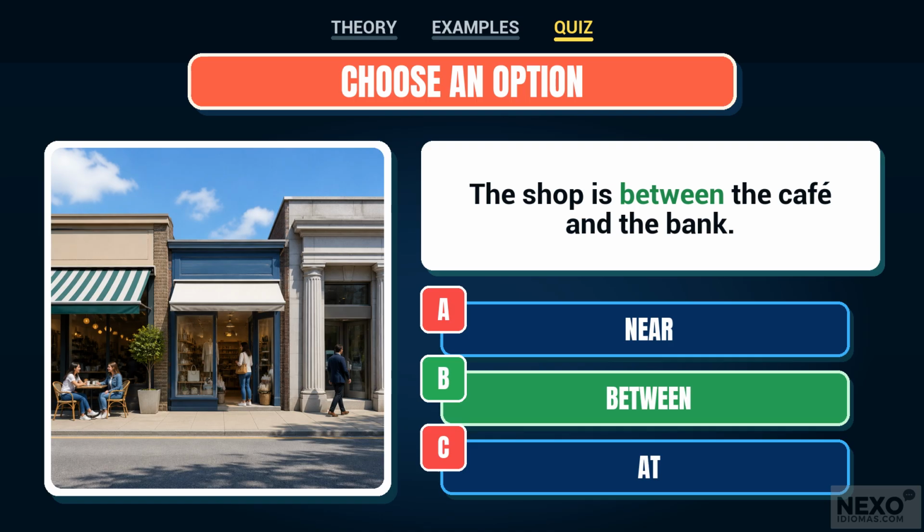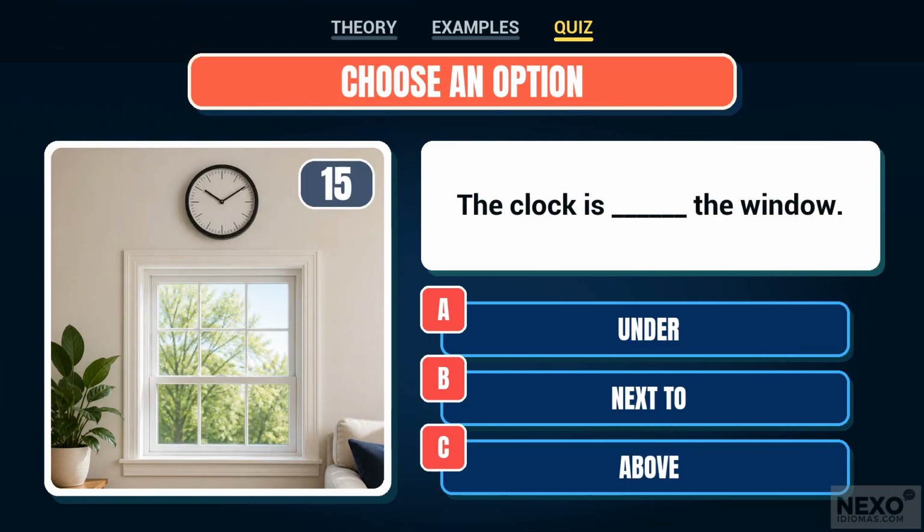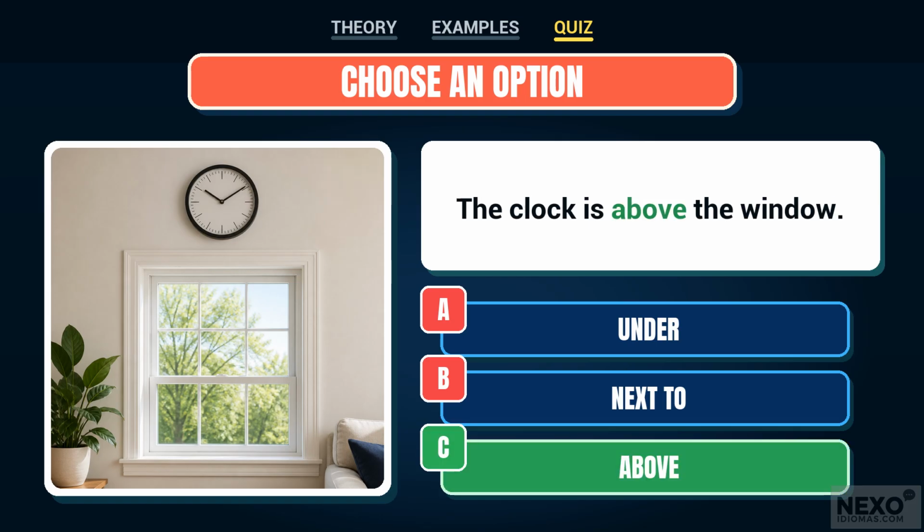Between. The shop is between the cafe and the bank. Choose an option. Above. The clock is above the window.